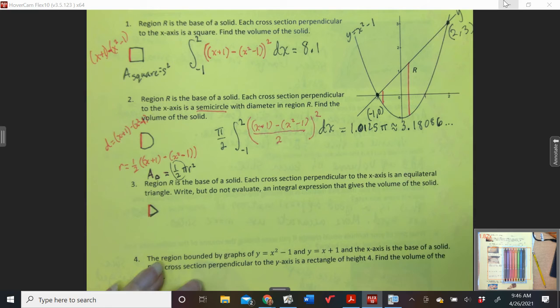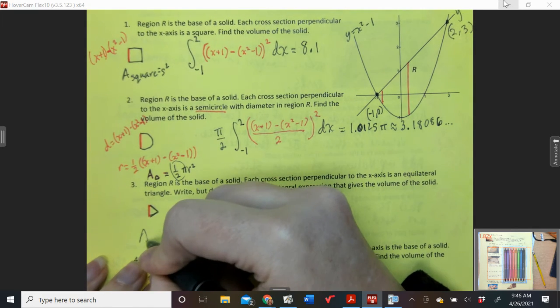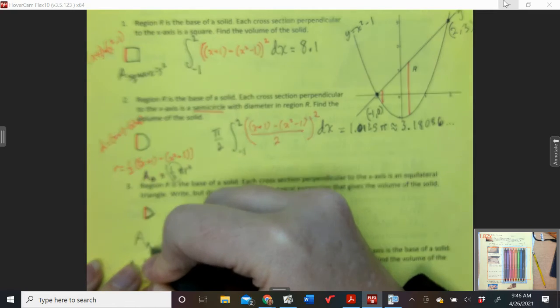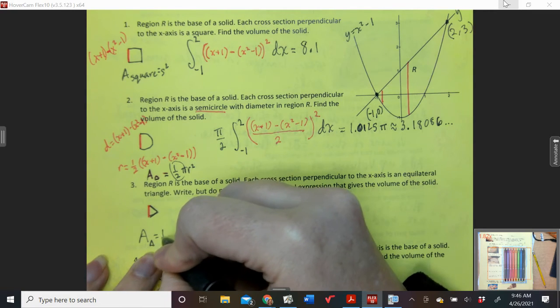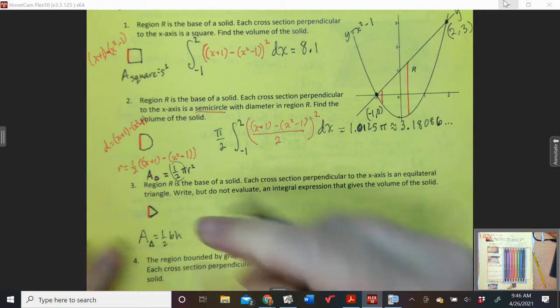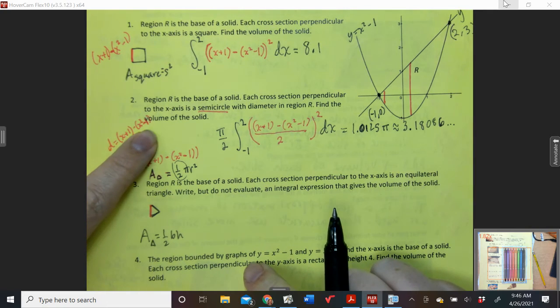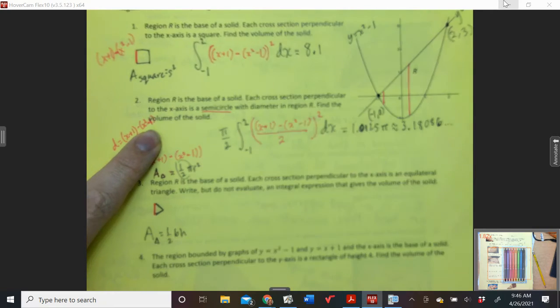So area of any triangle, equilateral, any triangle is 1/2 base times height. Now my base is going to be the same equation that I've had for a long, long time.